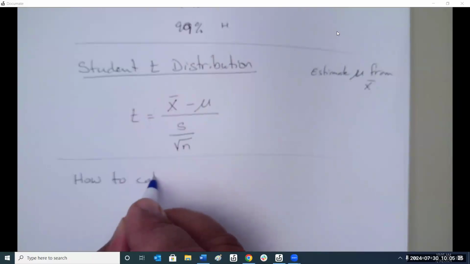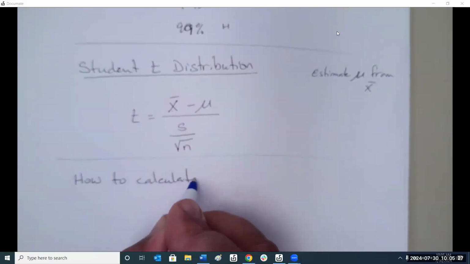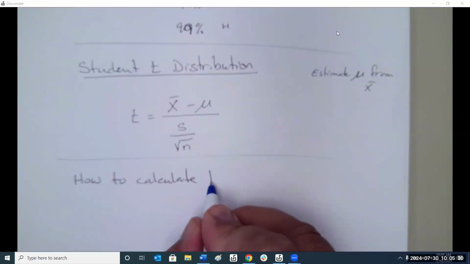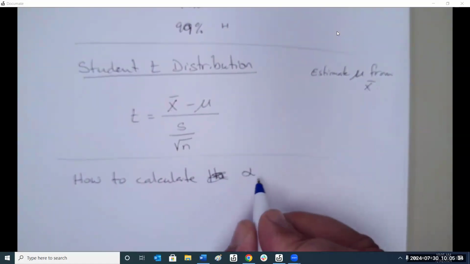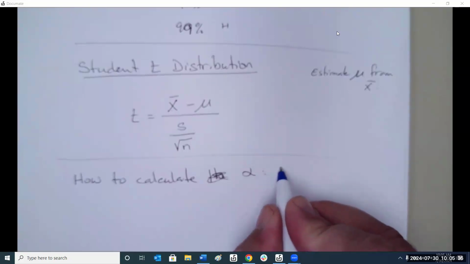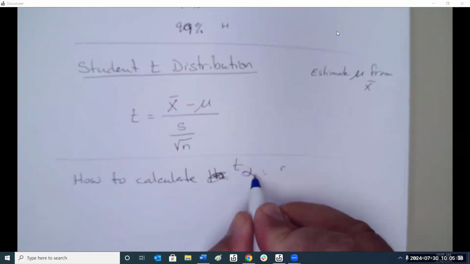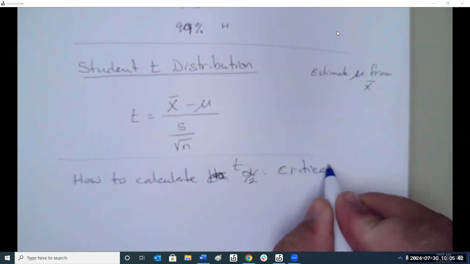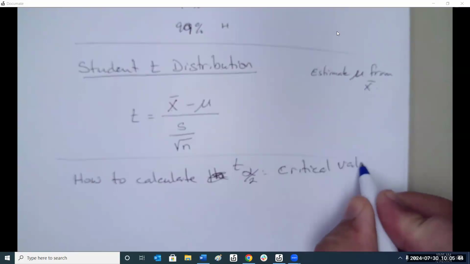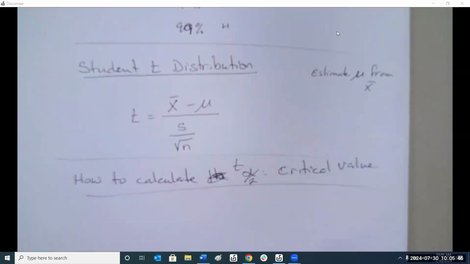How to calculate alpha, or the t alpha over 2, the critical value. Again, there are two ways we can do it.